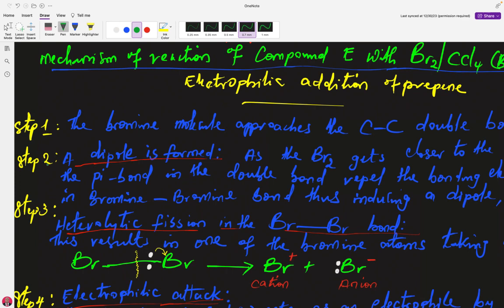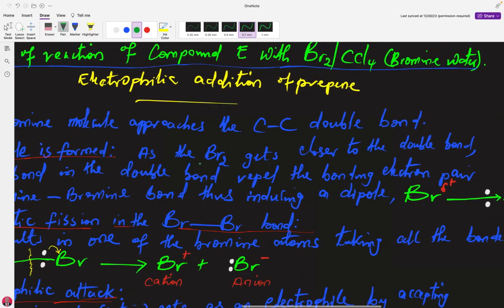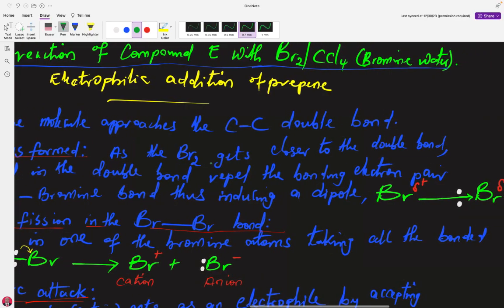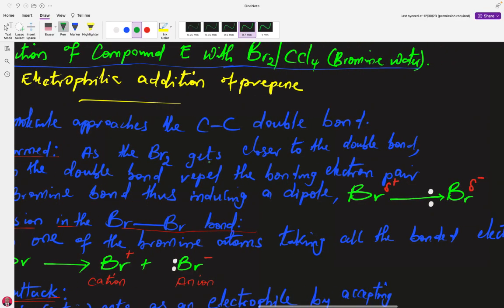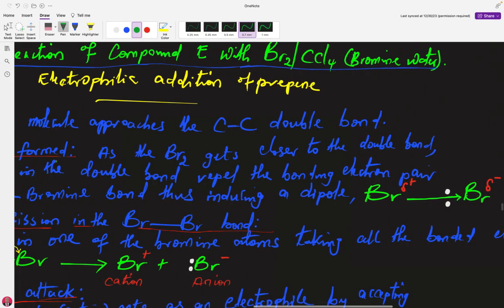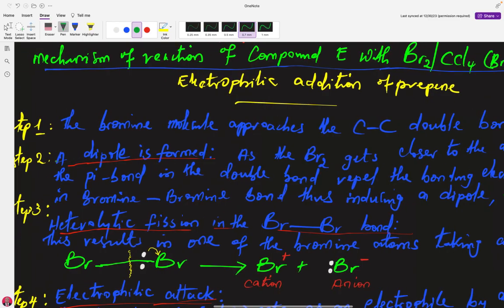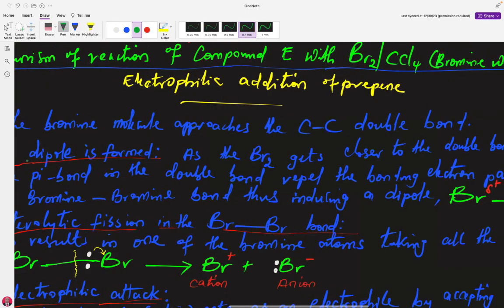Step number 2. A dipole is formed. Full stop. You can state another thing there. You can now brief the dipole to be bromine bond. For the purpose of explanation, just state a dipole is formed.